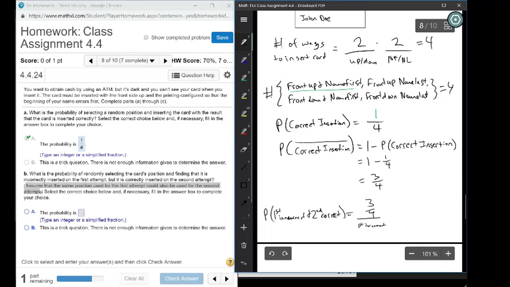So 3/4 and second correct, the probability of the second being correct is 1/4. So we get 3/16.